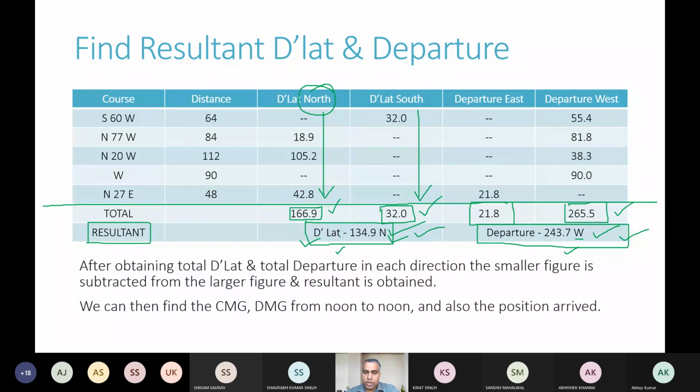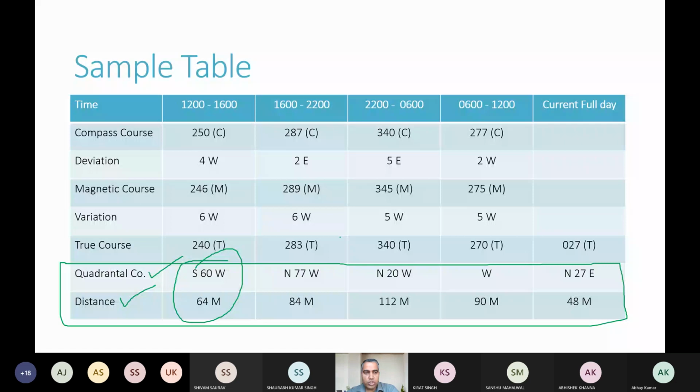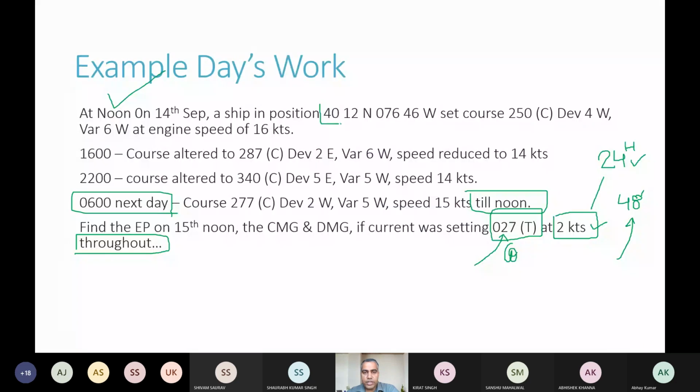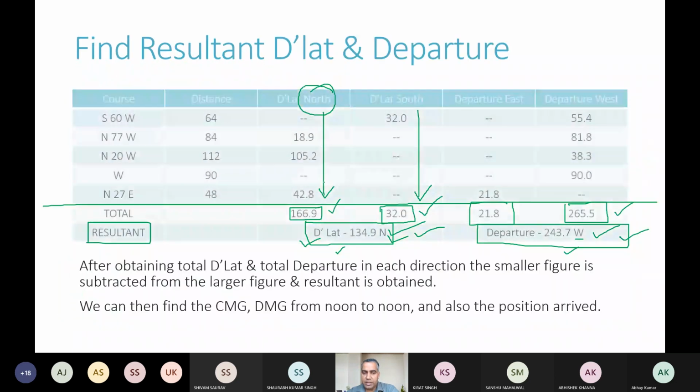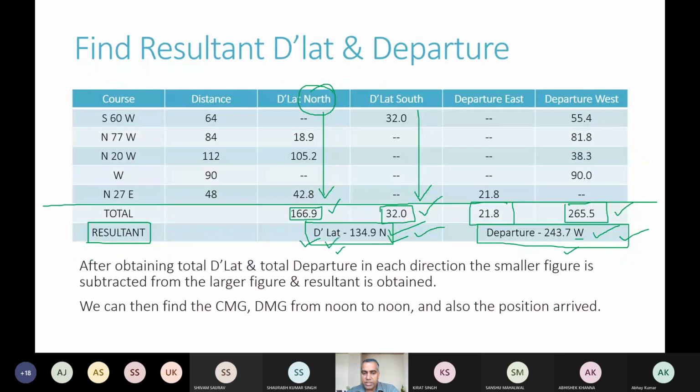Initial latitude is given to us in the question: 40 degrees 12 minutes North. If we apply it to the initial lat, we will get our final latitude.